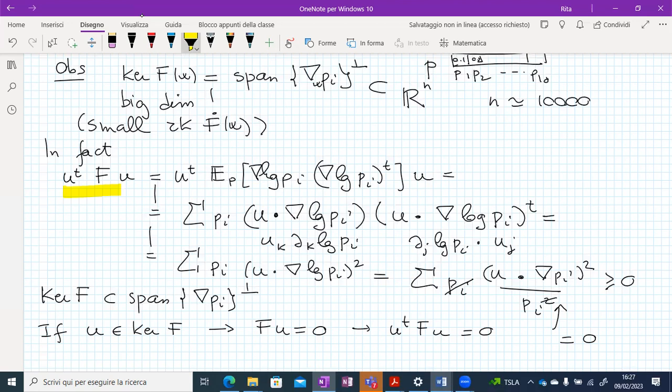You don't seem convinced. This is positive or 0, a positive quantity divided by positive, and I'm saying this must be 0. Well, it is 0 if every term is 0. So this tells you that u times the gradient must be 0 for all i.